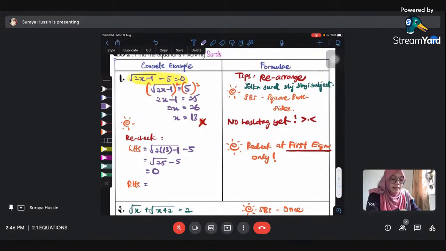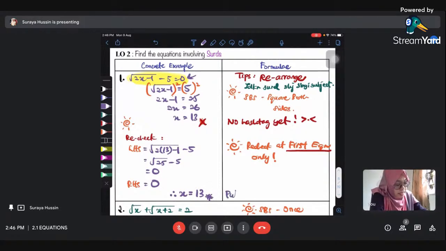Oh, left hand side is equals to 0. Kalau right hand side memang 0 juga. Therefore, left and the right is equal. Barulah at the end here, you boleh letak X is equals to 13 and then you put the hashtag. Put hashtag means that is your final answer.